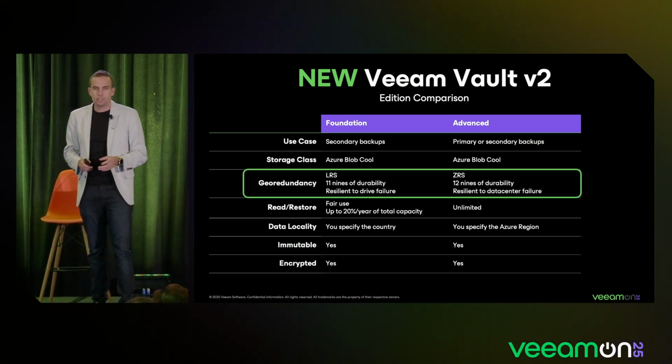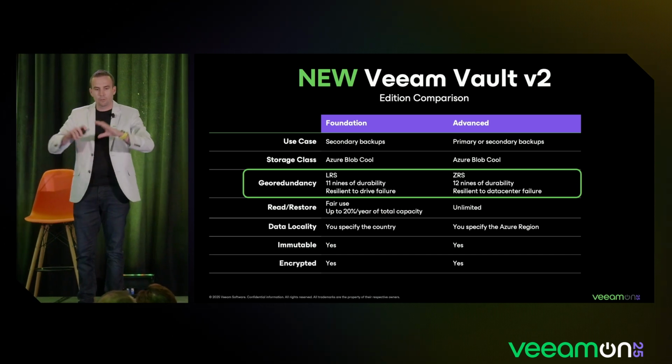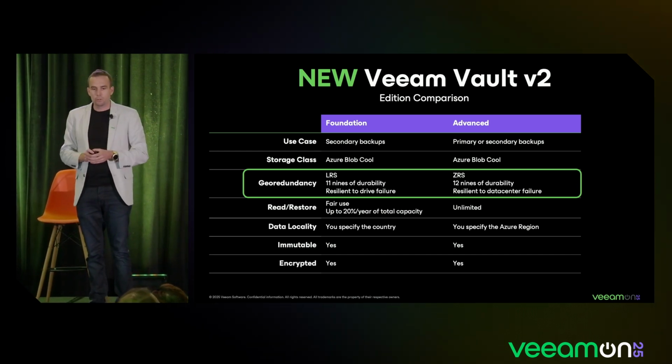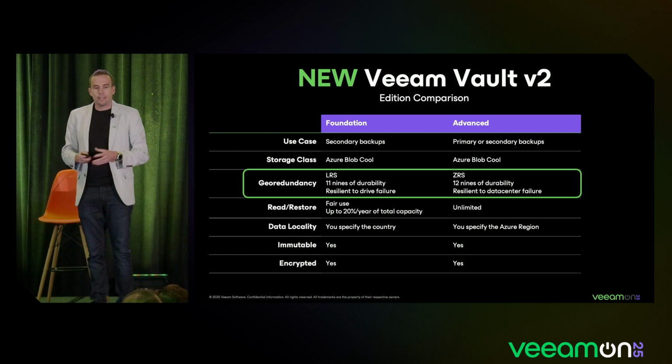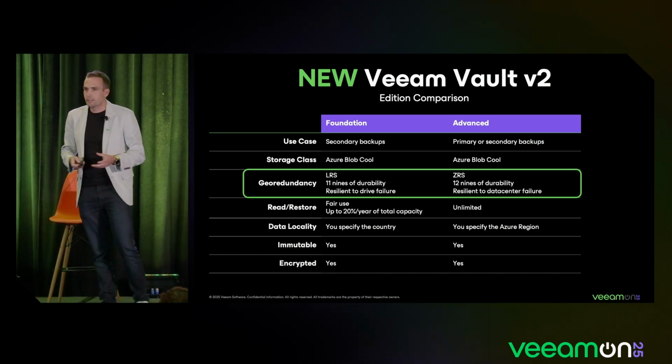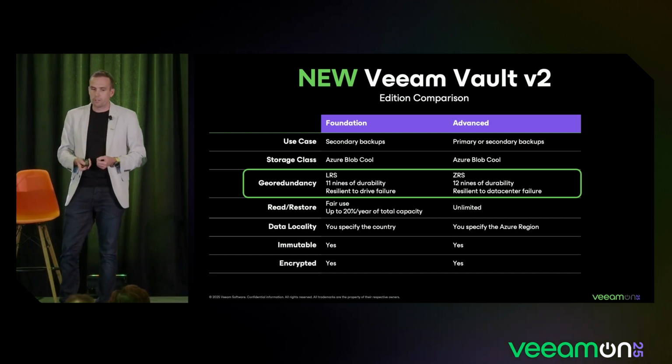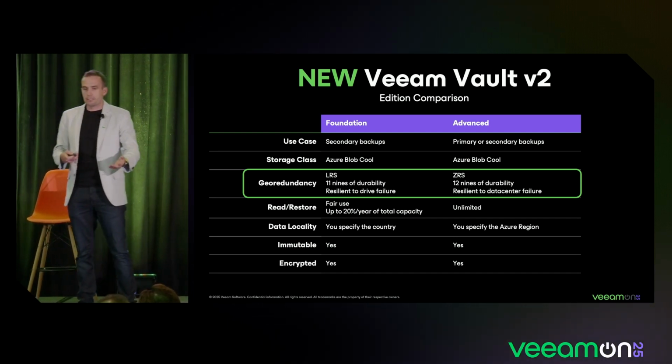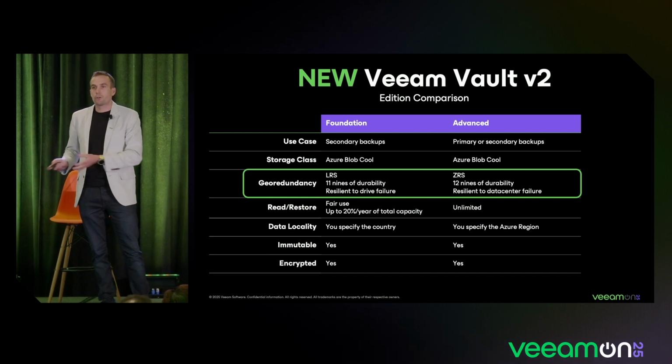Geo-redundancy-wise, Foundation is what we call LRS. Obviously all this is built on Azure Blob cool storage today, and LRS is locally redundant. It says resilient to drive failure here, but the reality is it's a lot more redundant than just a single drive failure. But the durability is less because Advanced uses zone redundancy.